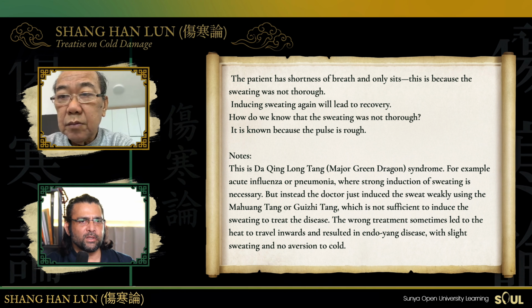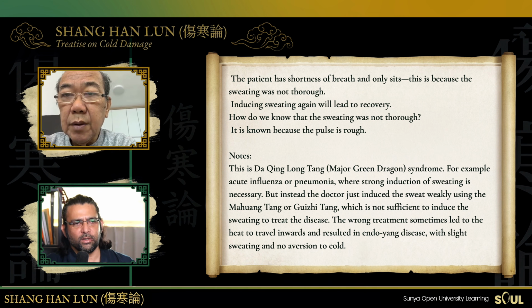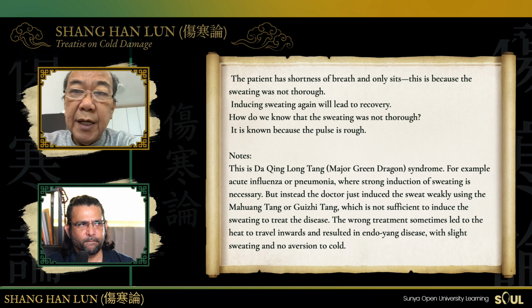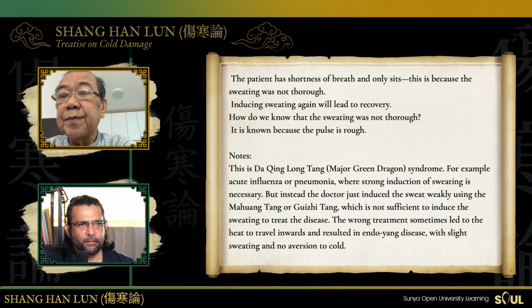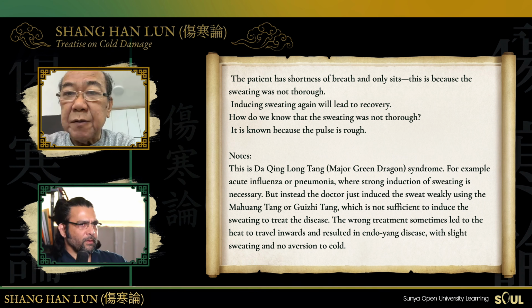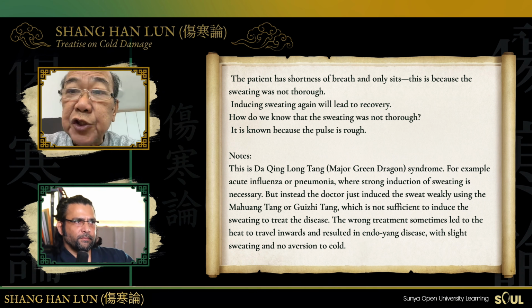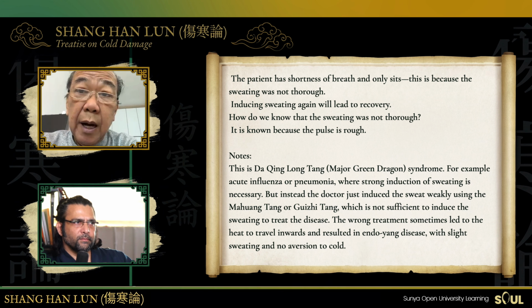The wrong treatment sometimes leads to the heat traveling inwards and resulting in Yang disease with slight sweating and no aversion to cold. You see, for example, when this acute influenza or acute pneumonia, they have very high fever and very strong chills, and are very, very agitated.